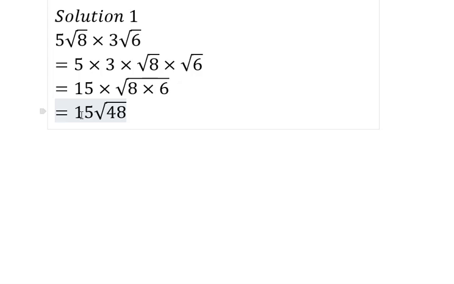If you remember, I said there are some numbers that, when you split them, will give you a perfect number, and there are some numbers that multiply together that will not give you a perfect number.